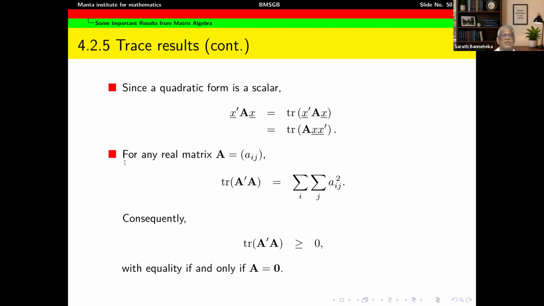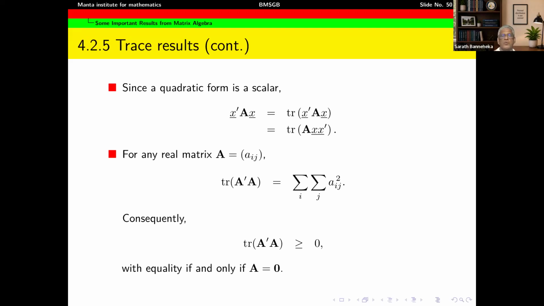And then the next result, for any real matrix A, trace of A transpose A is equal to the sum of all a_ij square terms, summation over all i's and j's. As trace of A transpose A gives you the sum of all the square terms, right?